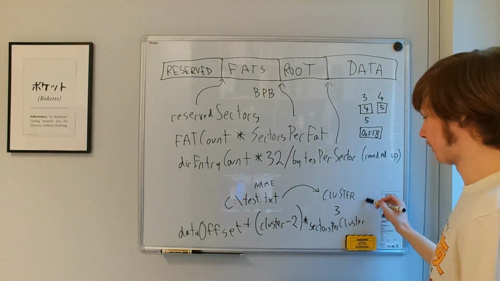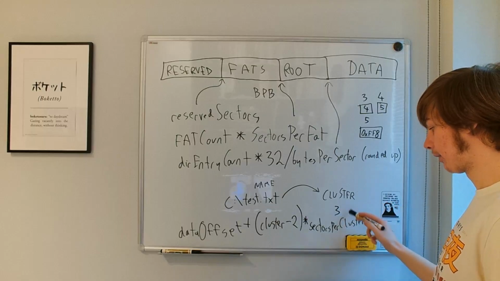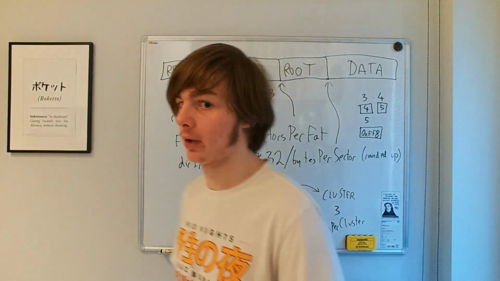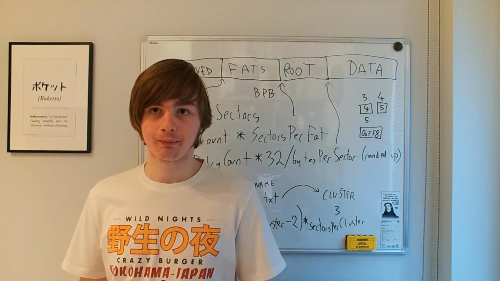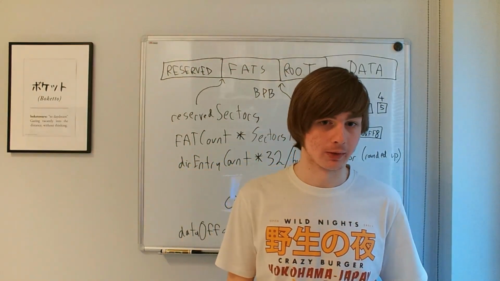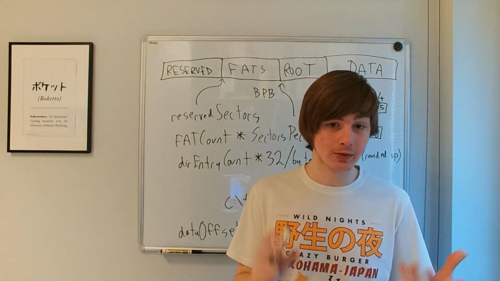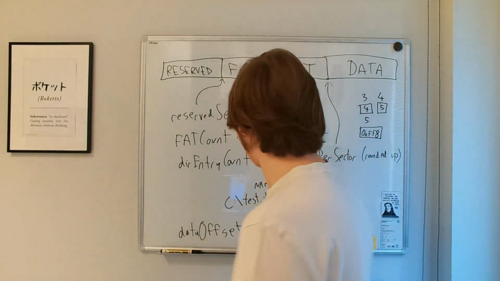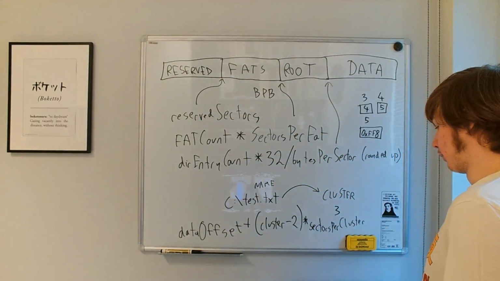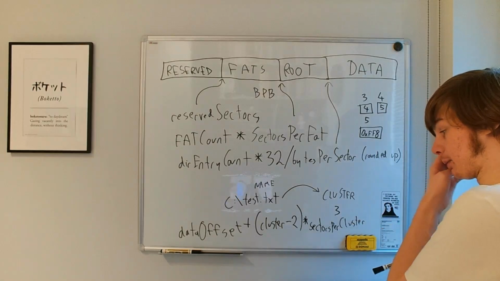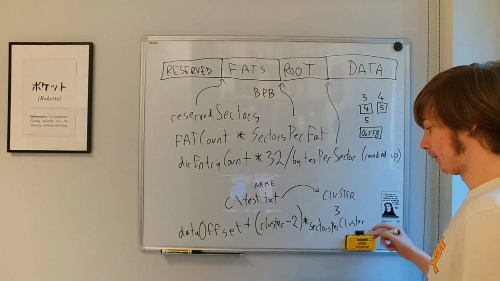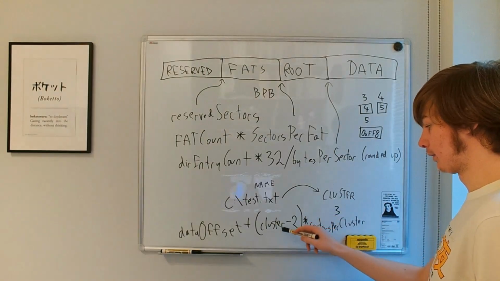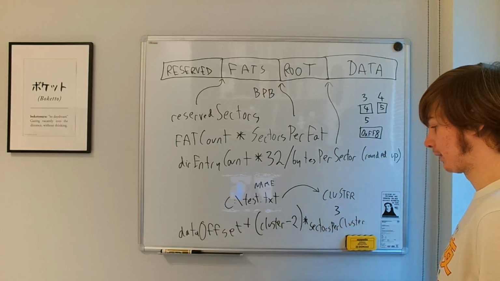So for our example, if I wanted to read cluster 3, let's say my allocation unit would be, I don't know, 4 kilobytes. So that's usually 8 sectors, so I have 8 sectors per cluster. So I would have 3 minus 2, that's 1, times 8.